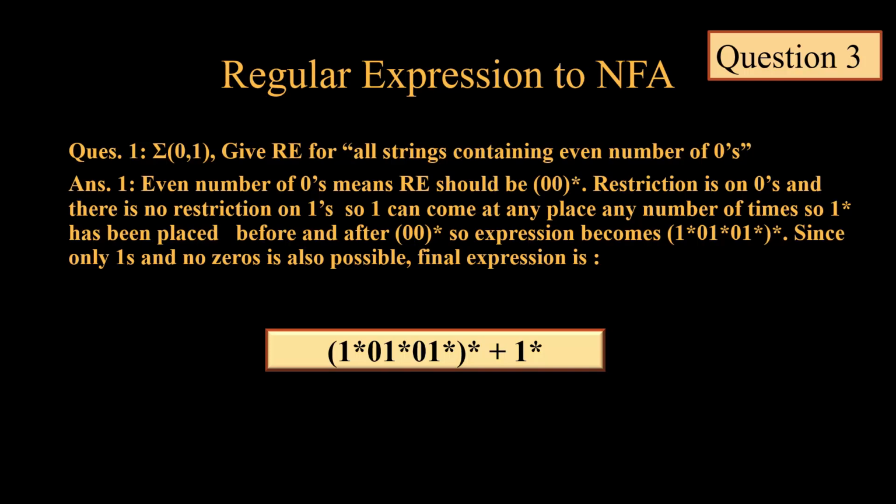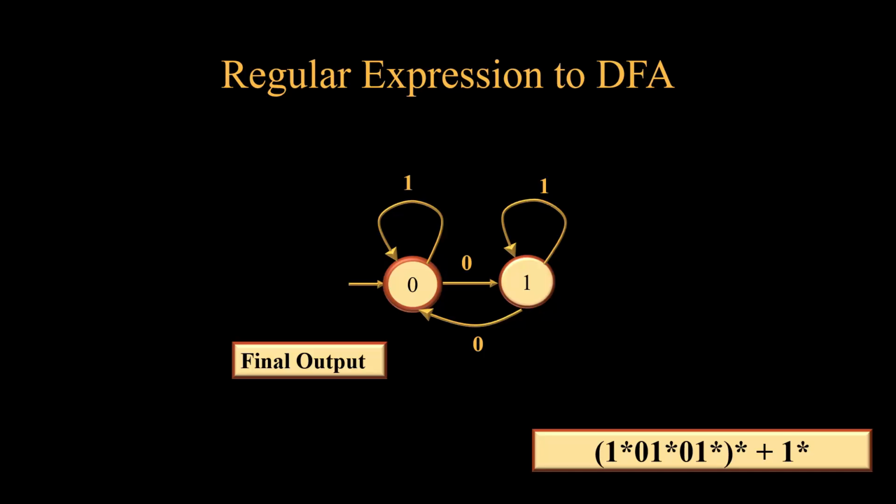It is also possible that we have no 0, only 1s, so 1 star is also included in the final expression. So this is the final expression, and corresponding to it, this is the DFA which is generated.